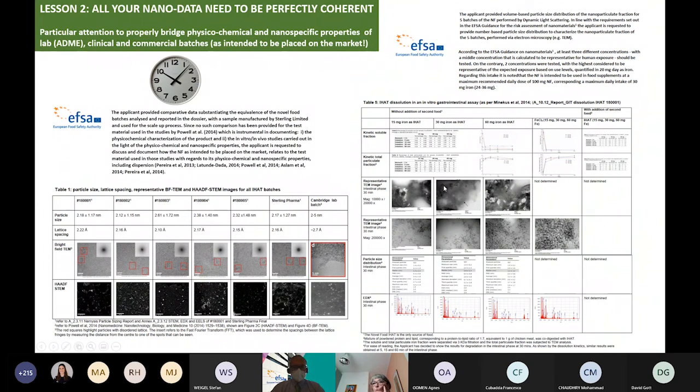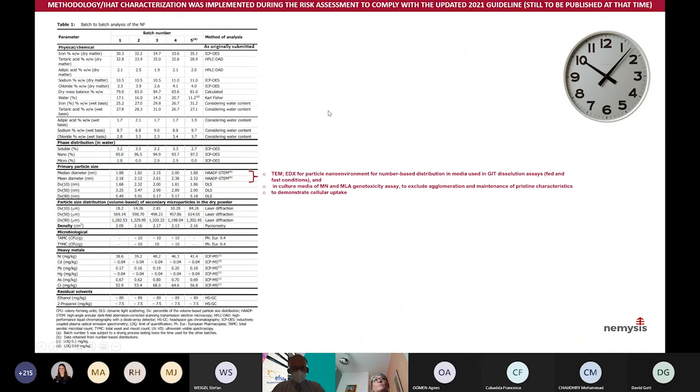And also in this case, we had to demonstrate by electron microscopy the particle size distribution remaining similar to the pristine material, and also to provide evidence that nothing was changed within the environment of the nanoparticle by ADX. So from a general point of view, the methodology for IHAT characterization was implemented during the risk assessment to comply with the updated 2021 guidelines.